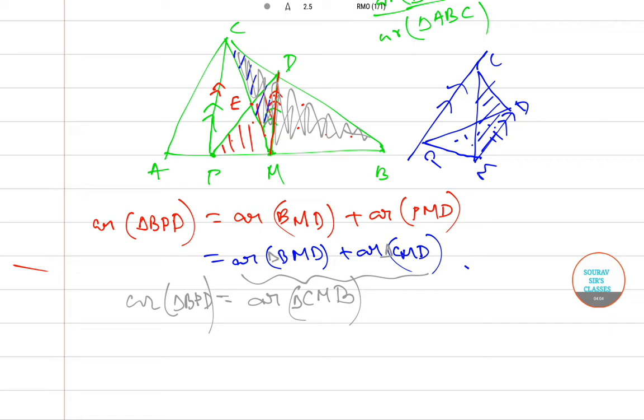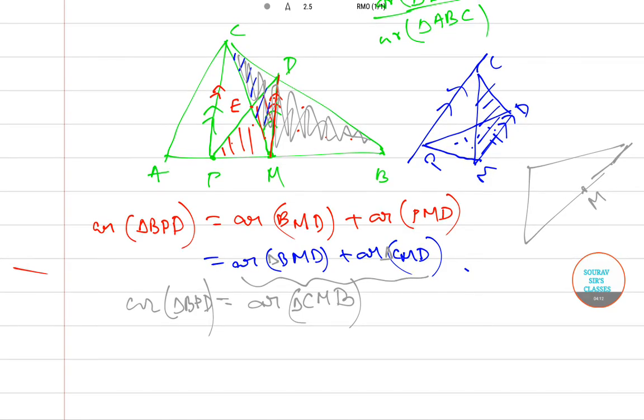Okay, coming to this question, we can see that this is our diagram. This is the point M, this is B, and this is A. This is joined. So now we have a triangle CMB. Now this triangle and triangle ACM both have equal area.